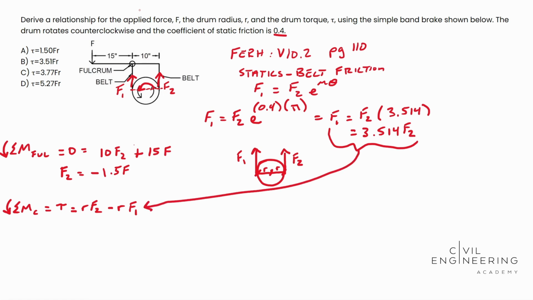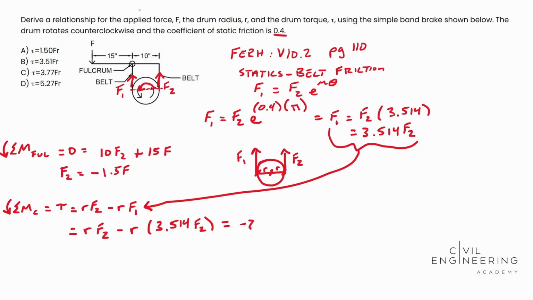All right, so let's go ahead and do that. We're going to have RF2, here you can see where we're going here, RF2 minus R times 3.514 F2. So now we're starting to see some familiar territory here on what we can use, and we're going to go ahead and simplify this out. You end up with something that looks a little bit like this.